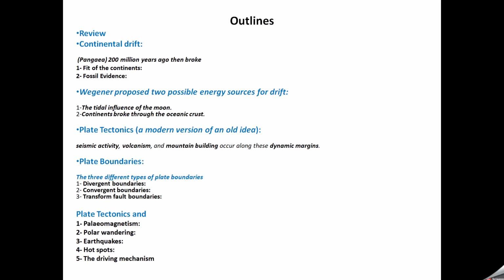Then we'll look at Wegener's two proposed possible energy sources for the drifting: the tidal influence of the moon, and the continents breaking through the oceanic crust. Both were wrong. Plate tectonics brought the correct answer, and they call it a modern version of an old idea, through seismology, seismic activity, volcanism, and mountain building that occur along these dynamic margins.